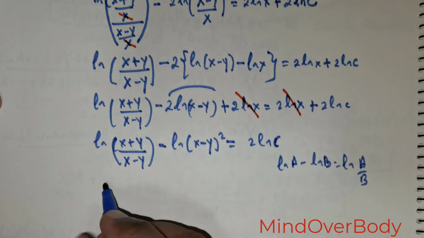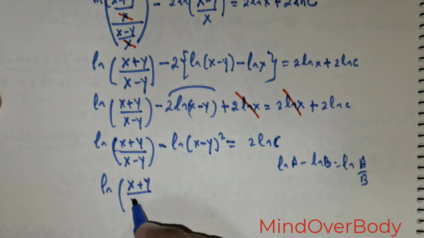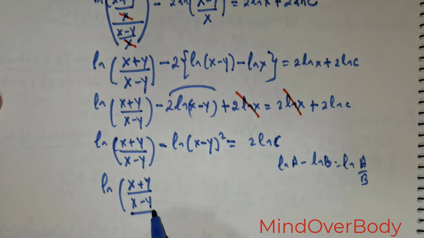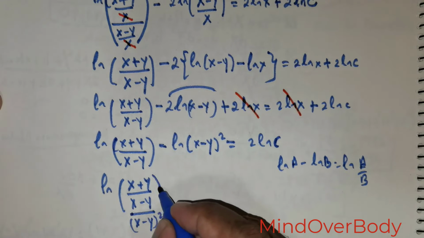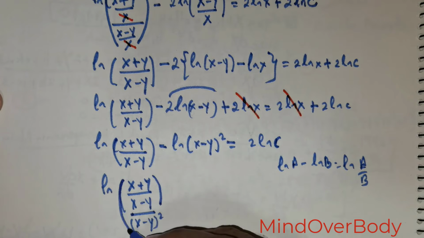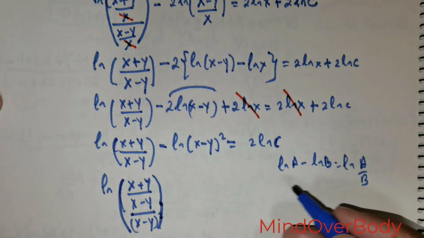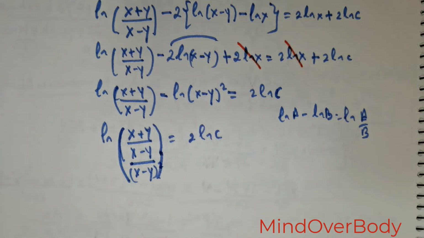So if I rewrite this, this is going to be ln of a, x positive y divided by x negative y, divided by my b. My b is x negative y raised to the power of 2, right? So this is equal to 2 times ln of c.